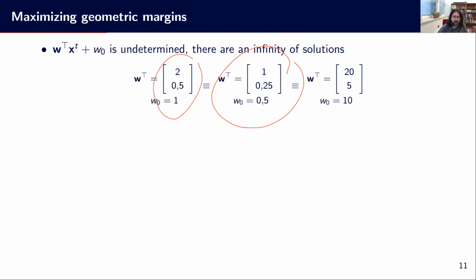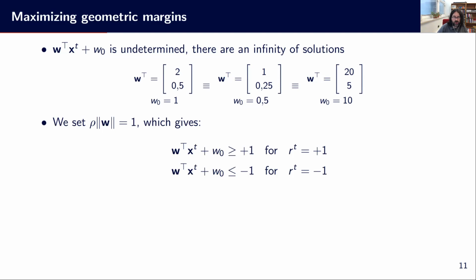This is totally equivalent in terms of the placement of the discriminating hyperplane in space. Likewise, if we multiply the first configuration by 10, we get 20, 50 and 10, which corresponds to the exact same hyperplane. So we have three equivalent configurations.